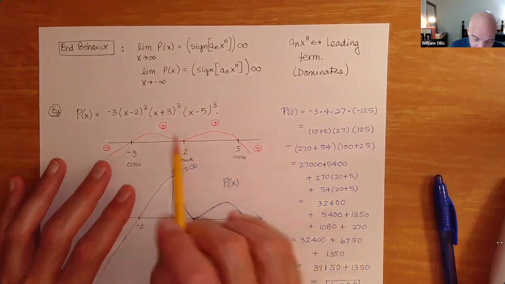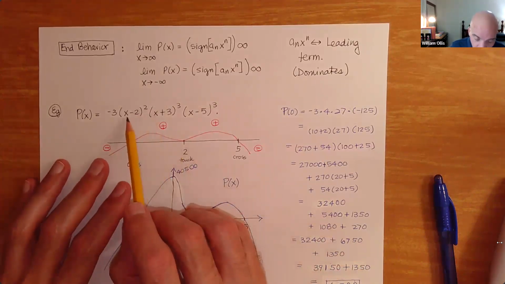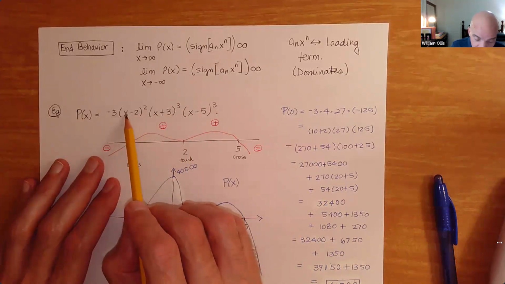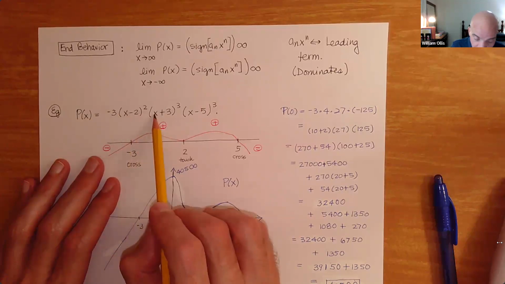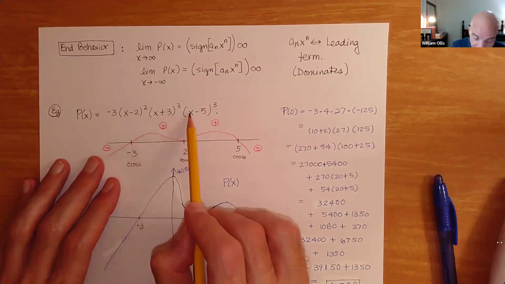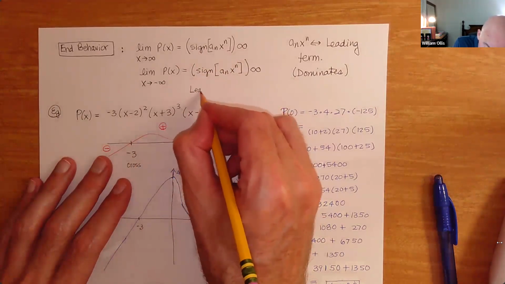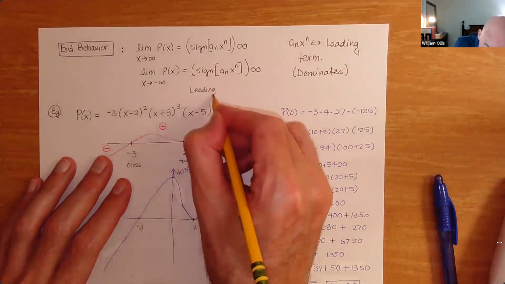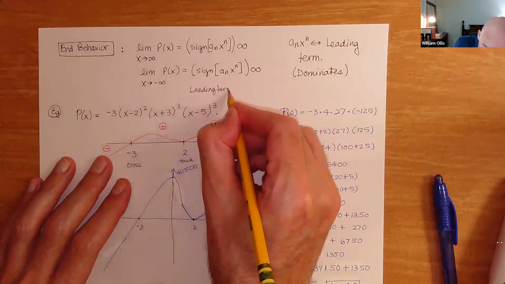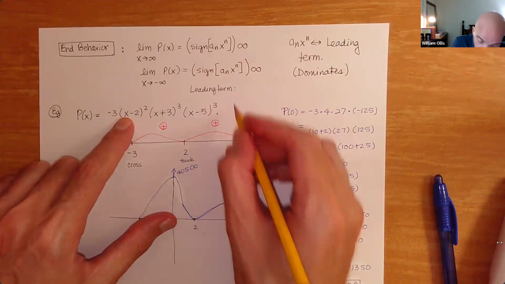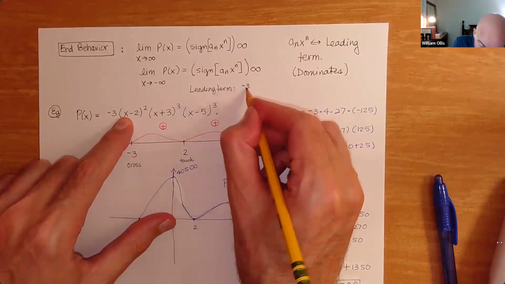So what we can see here is that when you look at this factored polynomial, we now see we have an x squared here, we have an x cubed here, and an x cubed here. So we could say the leading term, if you were just interested in it, again, we have the -3 here. So we've got what? -3. We have an x squared.